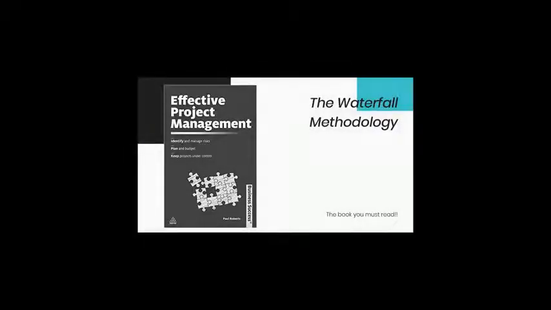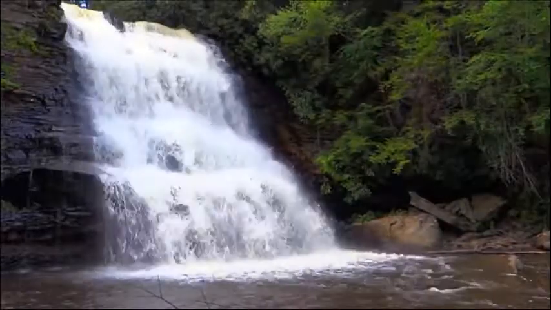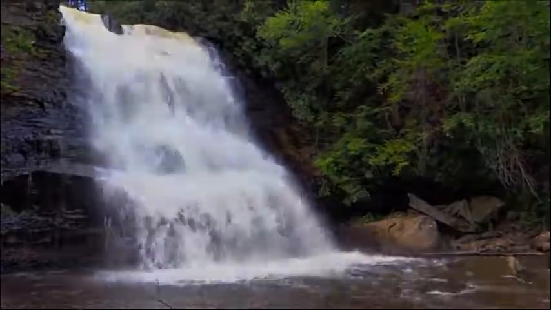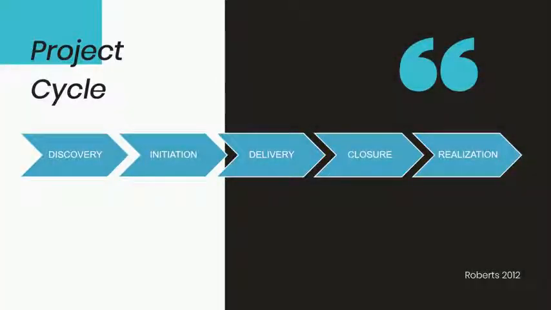In Roberts' book, he describes the sort of project management that we are teaching at the school. Classically, it's called waterfall. On screen is a flow diagram that shows the different stages that a project goes through in its development cycle.